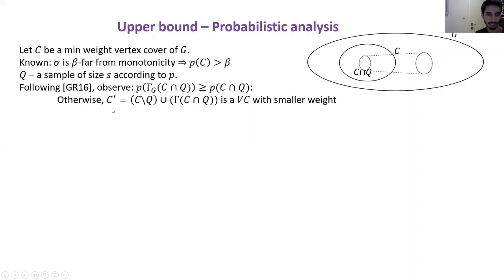So C prime is a vertex cover, and as it has a smaller weight than C, which is the minimal weight vertex cover, we reach a contradiction. So the observation holds.